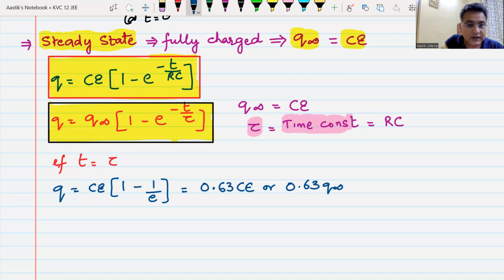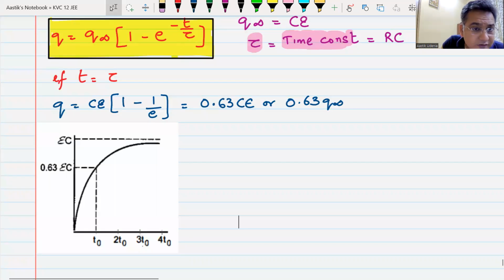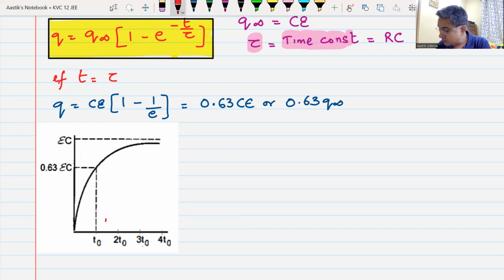And you must also understand this graph, the graph between the charge on the capacitor as a function of time. This graph has come many times in many exams, and you can see when the time is equal to time constant tau, the capacitor gets charged to 63% of its initial value. Do we understand this?